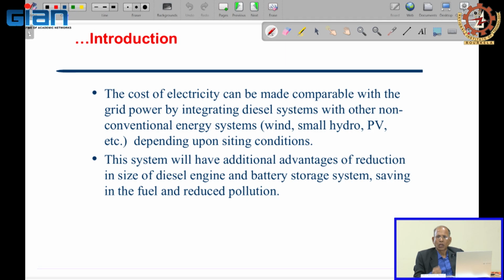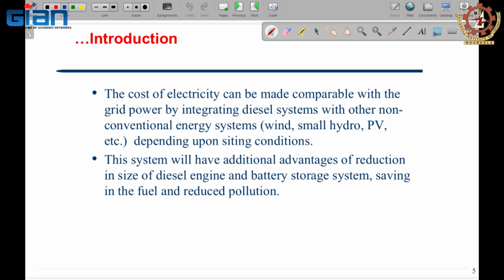So here cost is one of the major concerns, because we expect that the communities living in remote areas, poor communities, will find it very difficult to afford. So whatever power system we design should not be very costly.